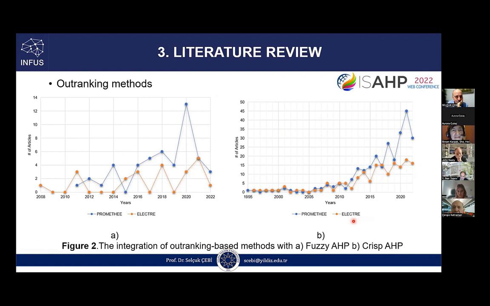ORESTE, another outranking method. Yes, Professor, the ratios are given in this slide for both PROMETHEE and ELECTRE for fuzzy and classical situations. As you see, the number of PROMETHEE studies is bigger than the fuzzy studies.